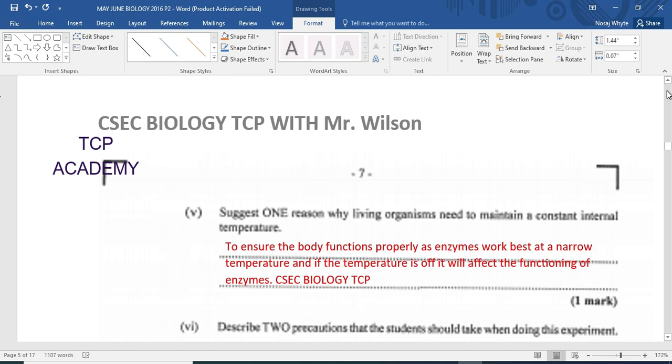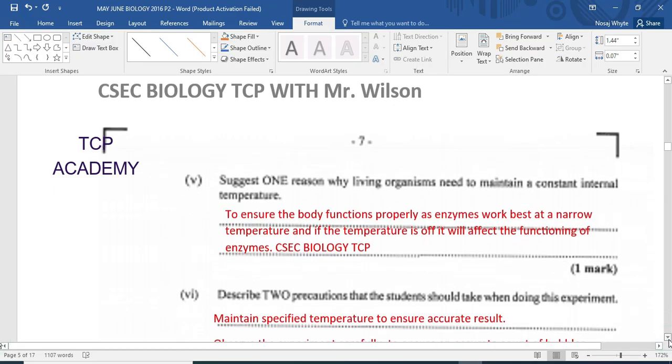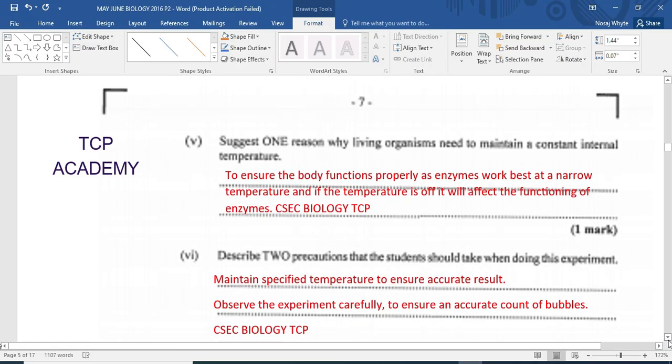In some cases, it is talking about things that are limiting factors to the experiment, those that you can't control. So there's this controversy. I'm not too sure how you will explain it, but this is how we did. There's still this unresolved point among many teachers as to what precaution really is.